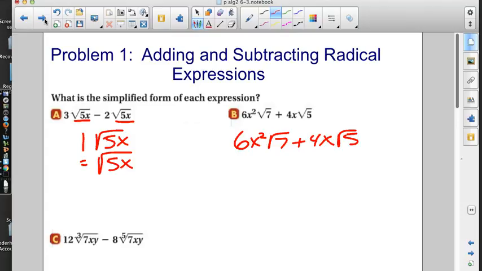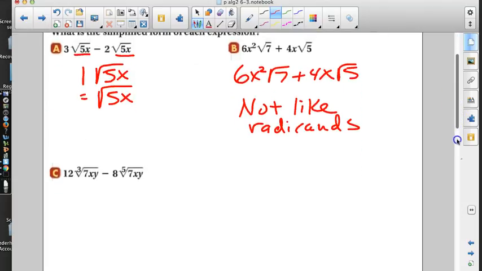There's nothing else we can do with it. There's no way to simplify the square root of 7 because there are no perfect squares that are going to divide into it nicely, and certainly none that are going to get us a 5. Dividing 7 by 5 is not going to give us something nice. So it's done. Not like radicands. It has to have exactly the same radical, so you have to have the same index and the same radicand.